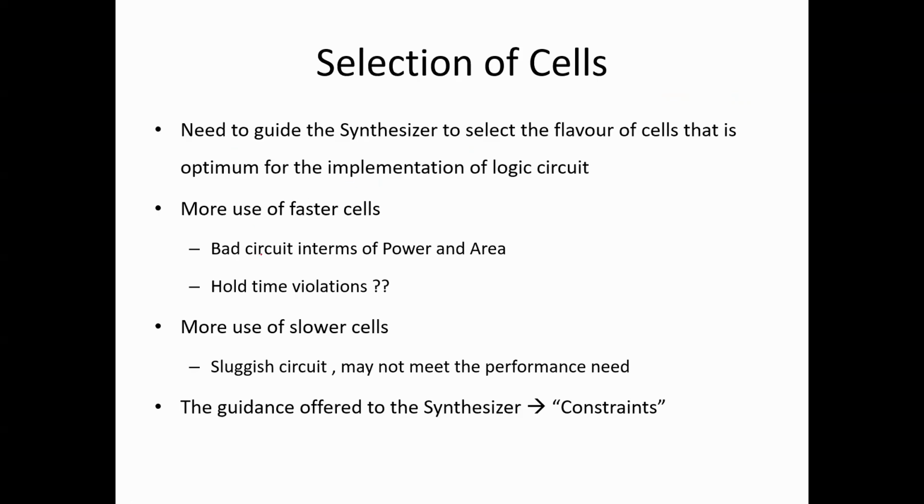More use of faster cells is going to be bad in terms of area and power, and may result potentially in hold violations also. More use of slower cells will give a sluggish circuit that may not meet the performance. So we need to offer guidance to the synthesizer to pick the correct set of cells, and this is what we call constraints.